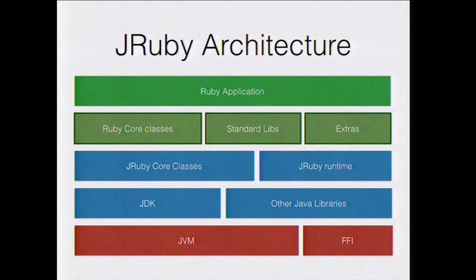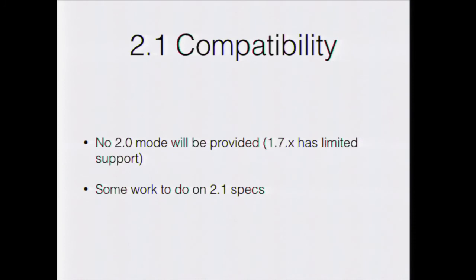And finally, we're going to look at what the Ruby layer will look like in JRuby 9000. It is going to be 2.1 compatible. And there is no plan to support 2.0 at this point.